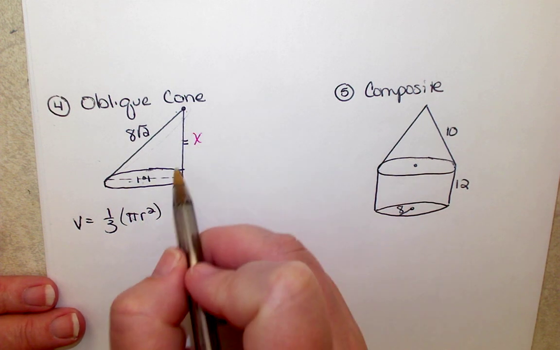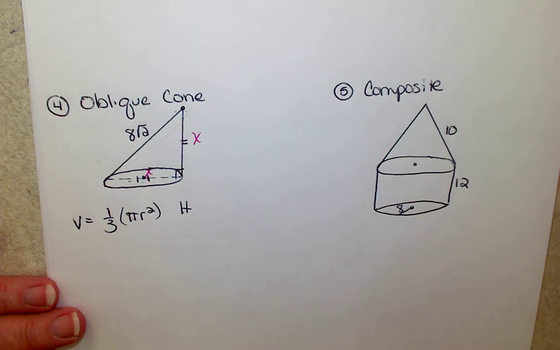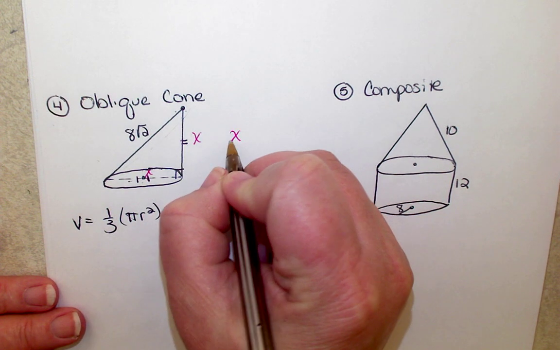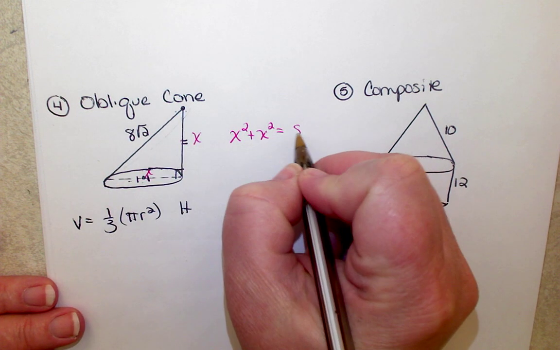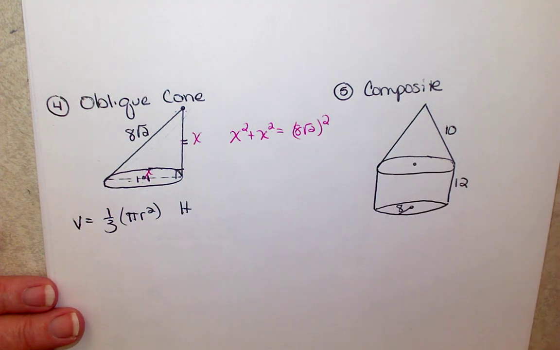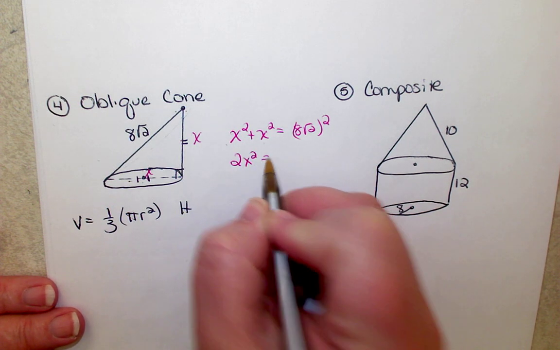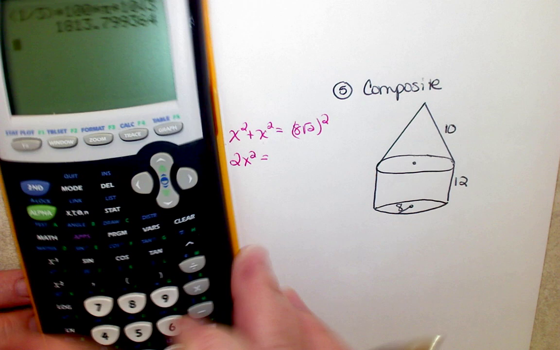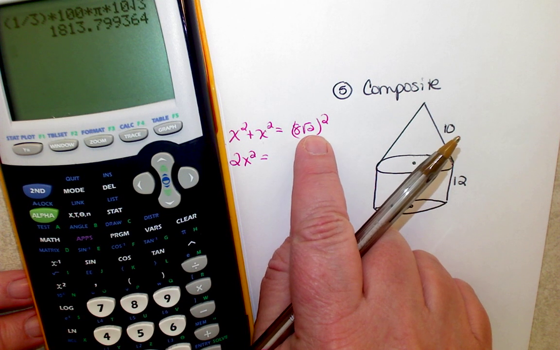If this is x, because this has the tick marks and this too, this means that this is also x. So what we've got here is x squared plus x squared is equal to the hypotenuse squared, so 8 times the square root of 2, squared. Well, 1x squared plus 1x squared gives us 2x squared, and then 8 squared times 2 is going to give us, what, 128?